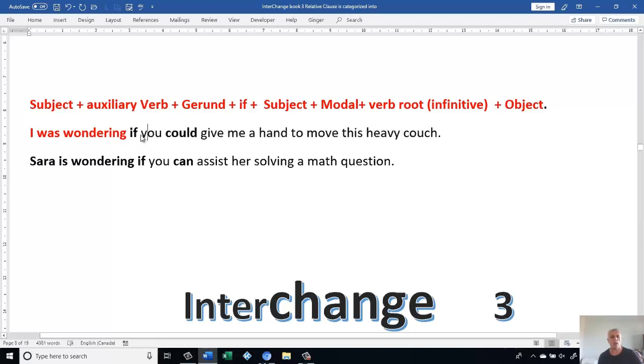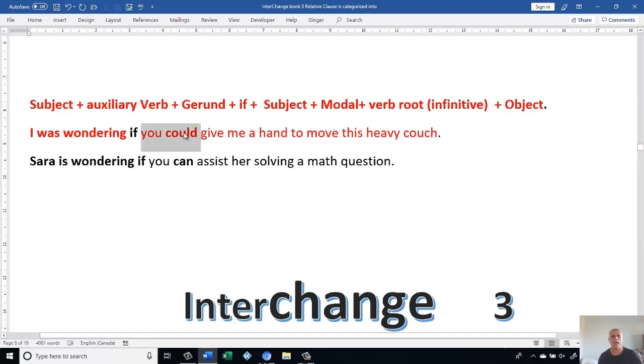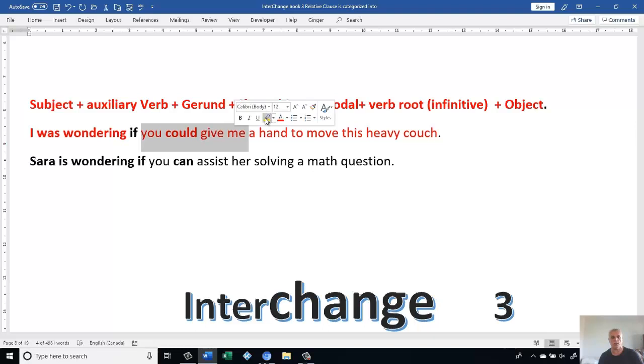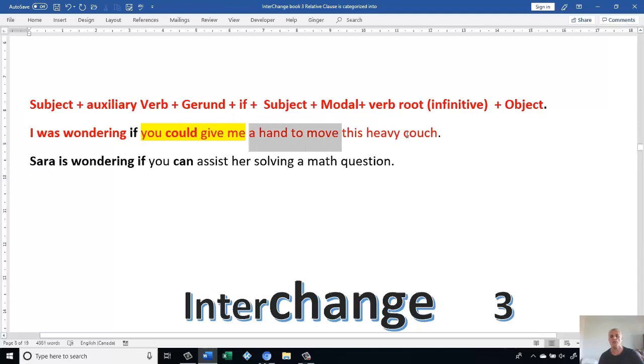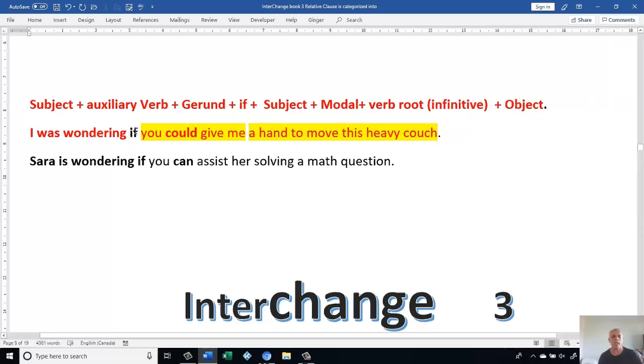Would you say, you could give me a hand to move this heavy couch. Okay, we have a subject here, then we have a modal, then we have the infinitive verb, then we have the object, and then the rest we call the complement, which gives extra information about the sentence. Then we have if connecting the two clauses.